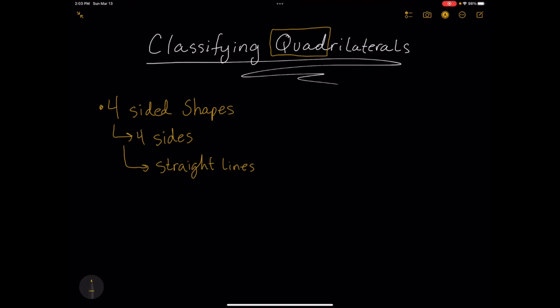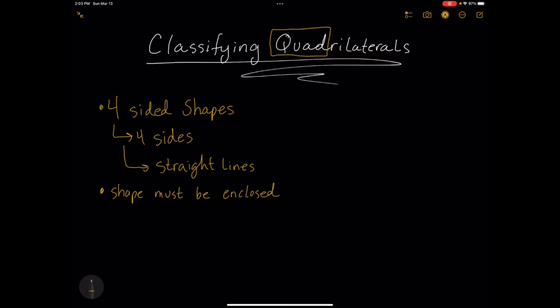Okay? The next thing that quadrilaterals have to have is that the shape must be enclosed. All right?